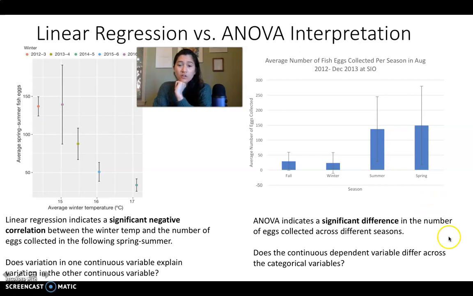So with an ANOVA, we're trying to see if the continuous dependent variable, the number of fish eggs, differs across these categorical variables, which here would be the season. And when we're reporting the statistical results of an ANOVA, we give the F value, the F critical value, as well as the P value. So one of you asked about how do we interpret or talk about these tests differently? This is one example.